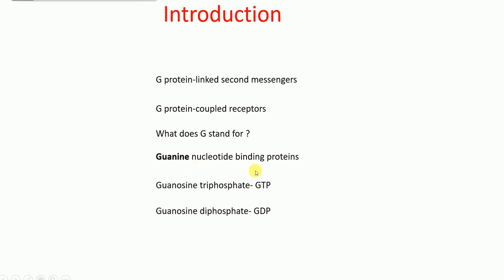Okay, so this is the difference. Why are these called G protein coupled receptors? Because they are associated with G protein, and this G protein is guanine nucleotide binding proteins. Okay, so that is the introduction to G protein coupled receptors.